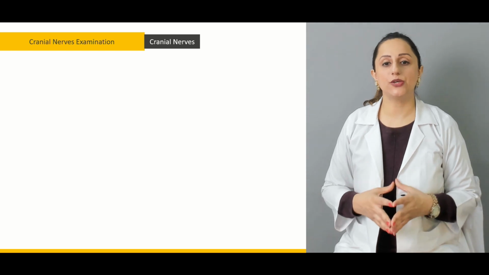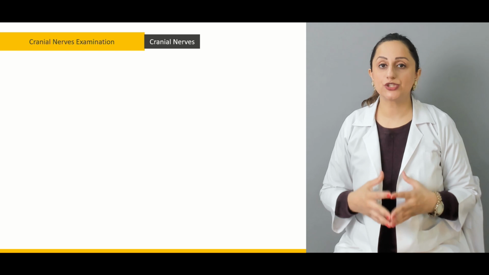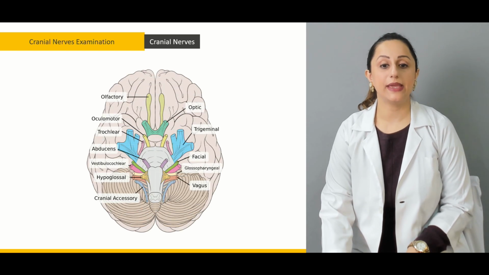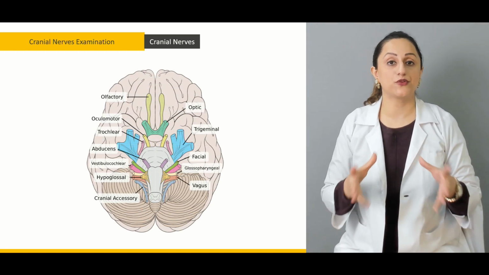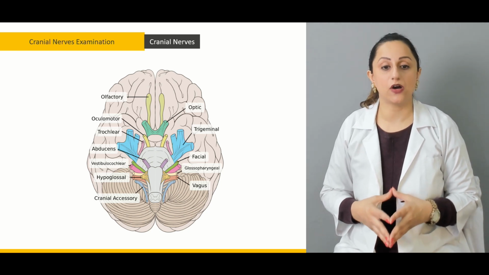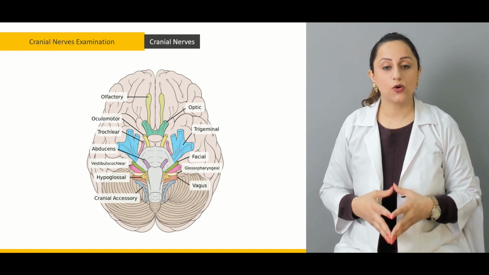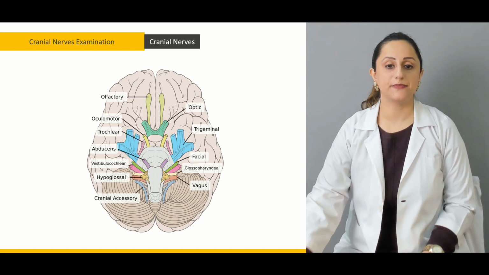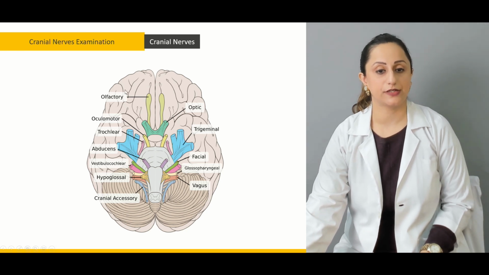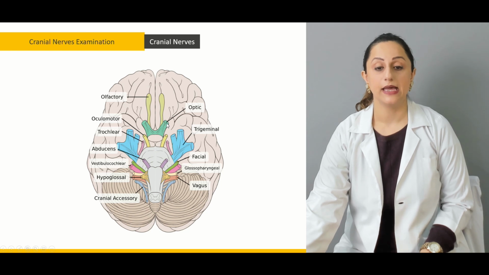So over here, when you have these cranial nerves at hand, one should first of all remember that we have a group of 12 cranial nerves. We have the optic nerve, the olfactory, and the oculomotor initially. So the first cranial nerve is the olfactory nerve, and then we move on to the optic, which is the second cranial nerve.